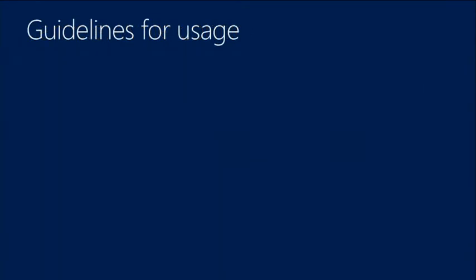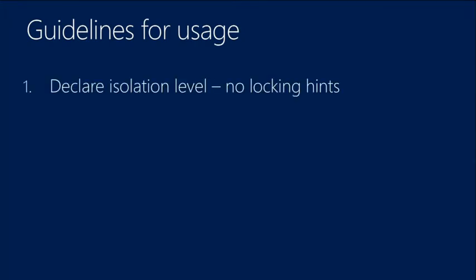So we have a number of general guidelines to work with these transaction semantics. First off, because we don't have any locks, we also don't support any locking hints. Now, many users use locking hints on SQL tables to get a certain amount of transaction isolation without having the whole transaction run under this isolation level.